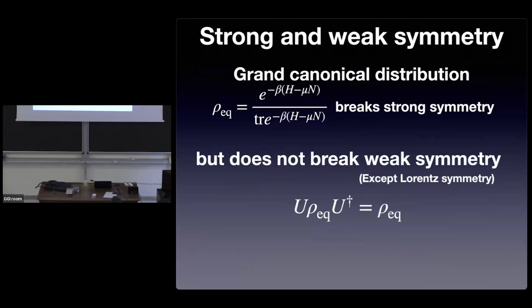But it is still invariant under the weak symmetry. Except for the Lorentz symmetry, actually, the thermal state breaks the boost symmetry. Except for this symmetry, usually this is satisfied.